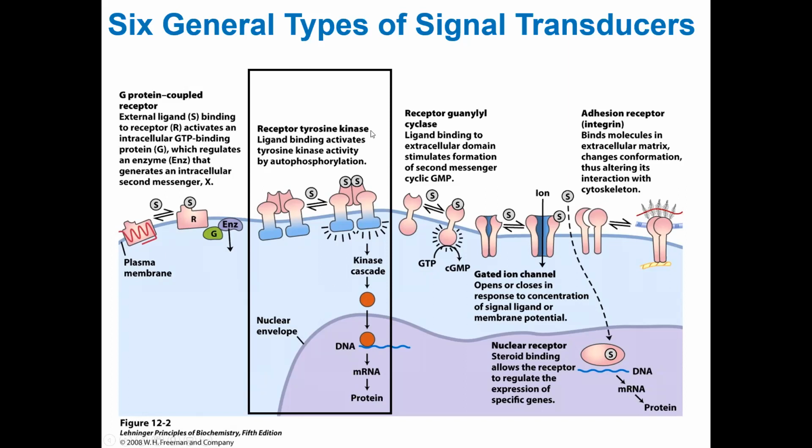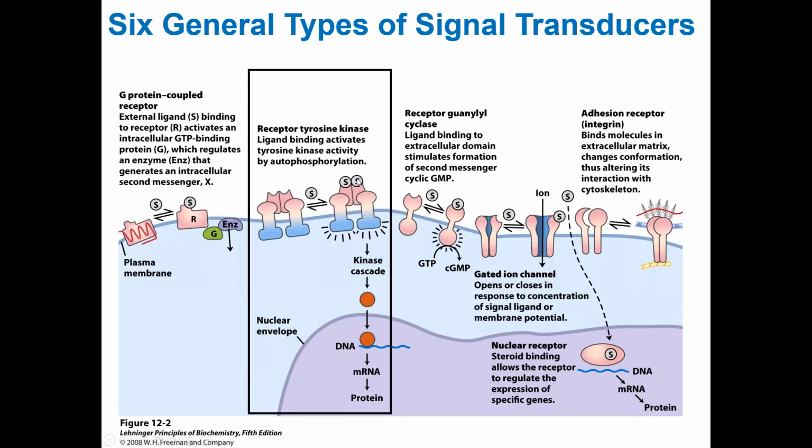So these are receptor tyrosine kinases where they typically exist in the dimeric form, okay, and they have extracellular domains where the ligand can bind, signal can bind. Okay, so here they're showing you that this is a dimeric protein where S goes and binds to each individual unit on the extracellular matrix side.